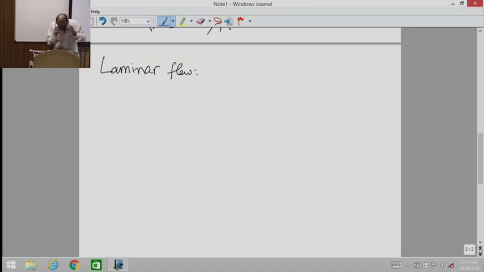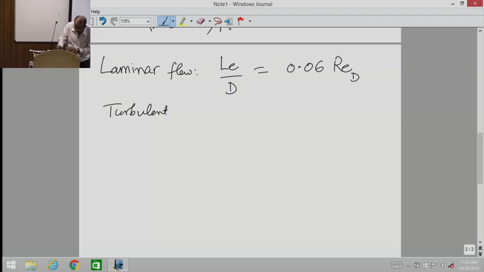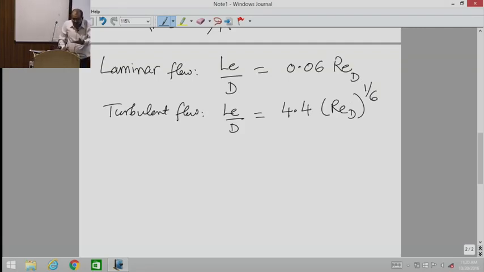So what we get is, in laminar flow, and these again come from experiments, LE upon D is given by 0.06 times the Reynolds number, whereas in turbulent flow, this is equal to something else. And what is the value, the laminar and turbulent value, I'll come to in a minute. When is a flow laminar, when is a flow turbulent? But before that, let me now come to this concept of turbulence.